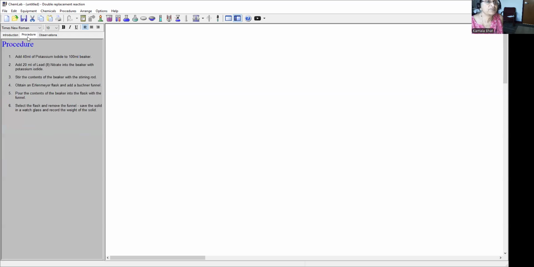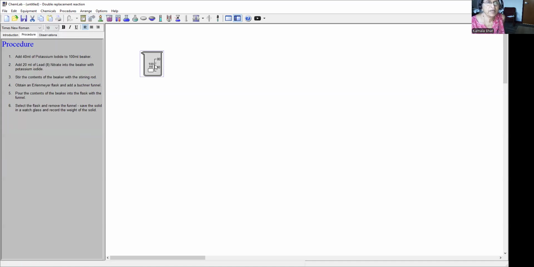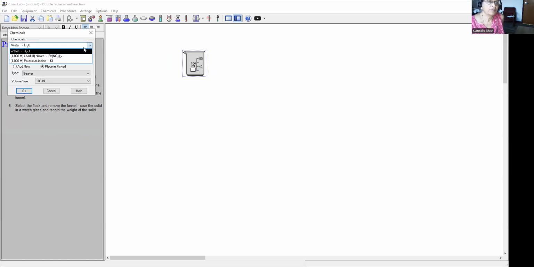So for the procedure, it says to get a 100 mL beaker. First we go to the equipment and get the 100 mL beaker, and into this beaker we are going to add 40. Read the procedure carefully.